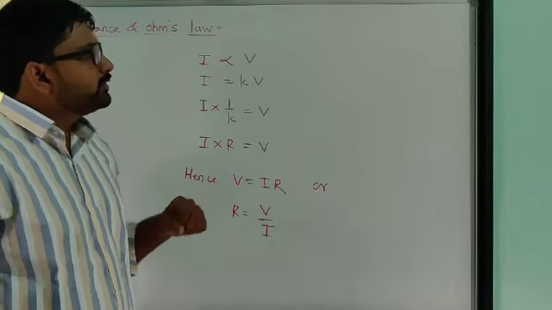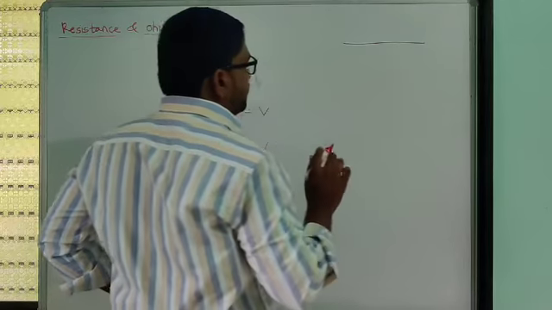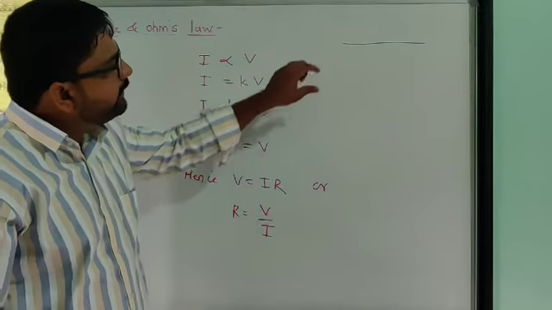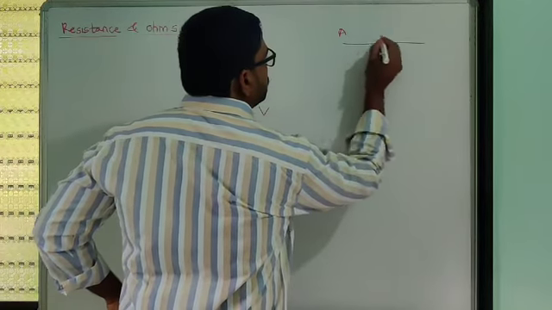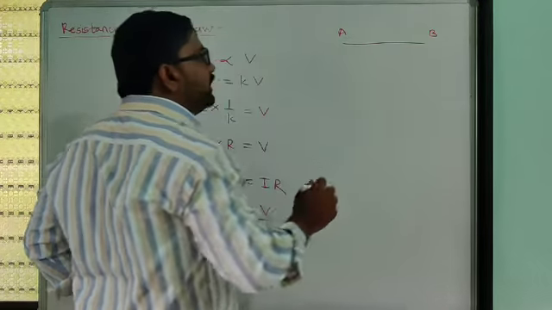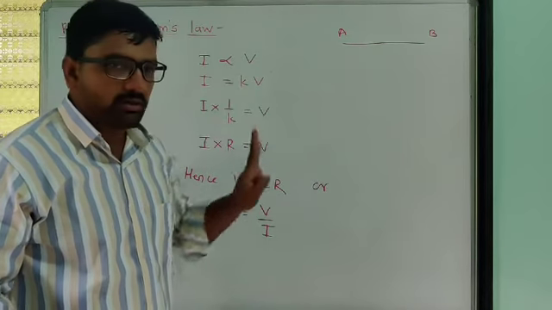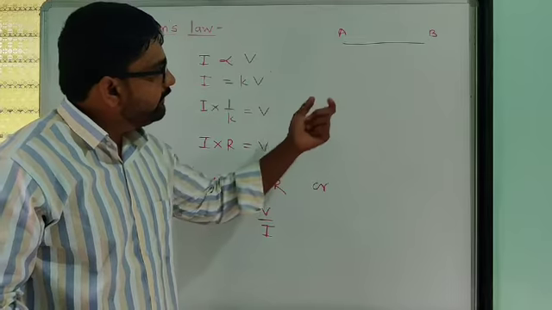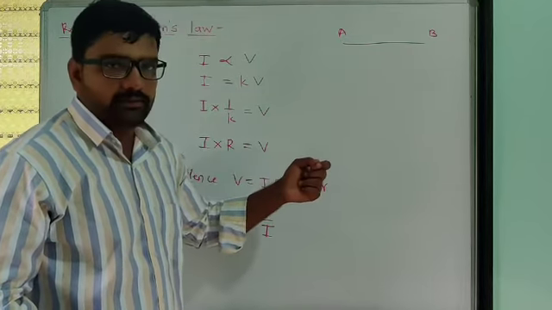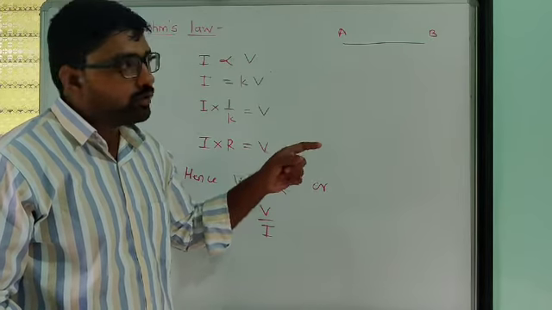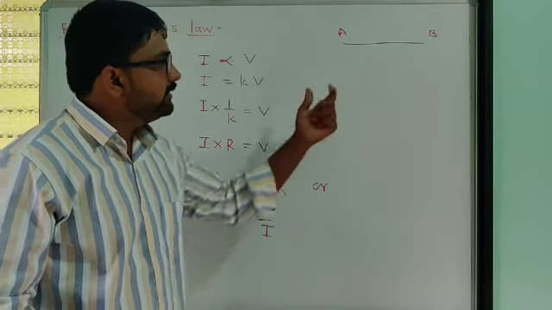Suppose this is an electric wire, a conductor, at room temperature. Now if we measure whether electric current passes through this wire or not, initially, if we do not connect any potential difference, cell or battery, current will not be found in this wire.